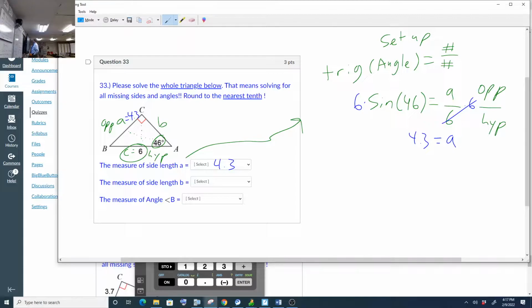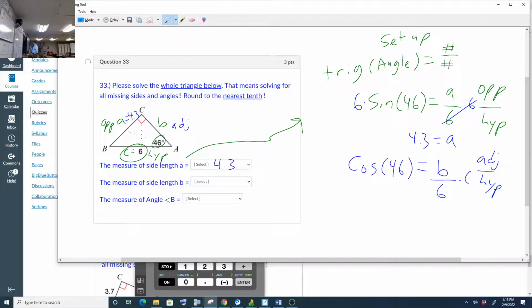We could use the Pythagorean Theorem to find little b, or we could use adjacent over hypotenuse. Since this is opposite, this is hypotenuse, this is adjacent, and since we know the hypotenuse is 6, we can set up the same exact thing. This time we're doing cosine, right? So cosine 46 is equal to adjacent over hypotenuse, where adjacent is little side b, and hypotenuse is 6.